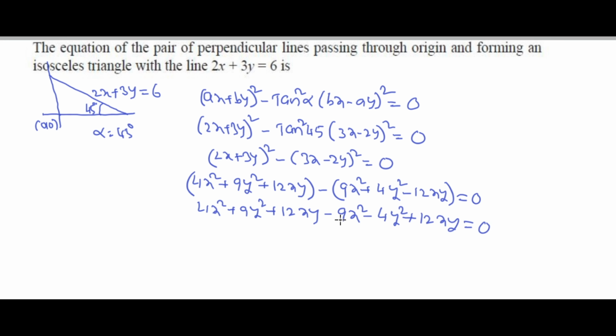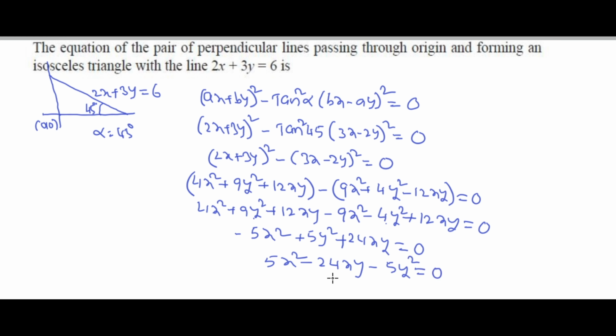It is 4x square minus 9x square, that is minus 5x square, 9y square minus 4y square, that is 5y square, 12xy plus 12xy, that is 24xy is equal to 0. Take minus common. This is written as 5x square minus 24xy minus 5y square is equal to 0. This is the answer.